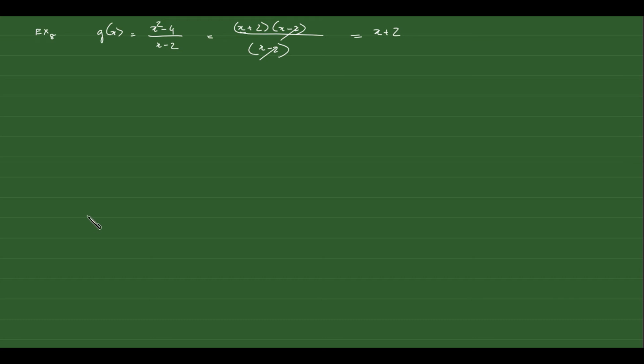Because we canceled this, we have a disconnection in the graph. That's what we noticed. And where is the disconnection located? We can find that disconnection. In this case, we call that a hole.